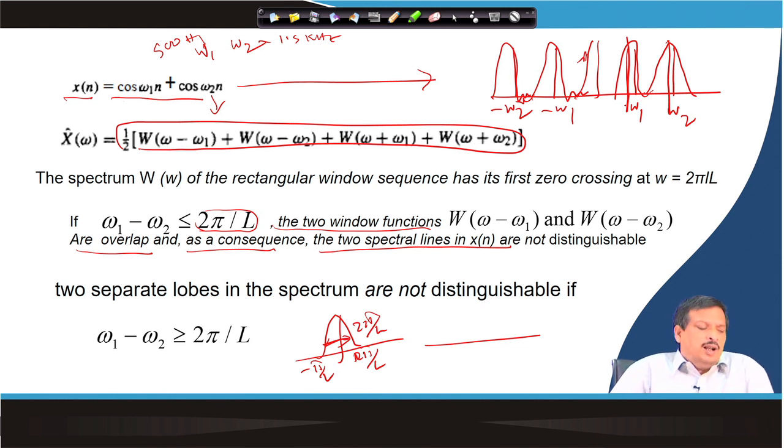So when I analyze the DFT, I want that there should not be an overlap. So omega 1 minus omega 2 must be greater than 2 pi by L. So, that is my resolution.